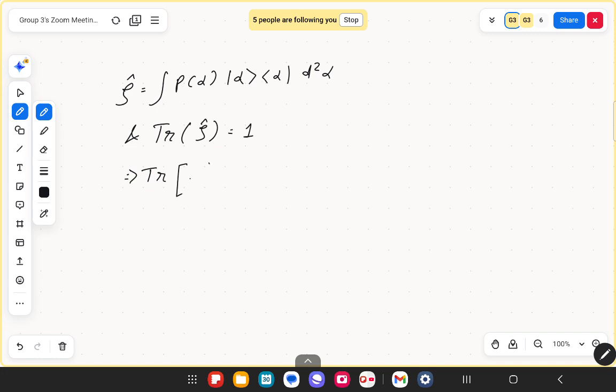The trace of rho, we'll just replace the rho which we have got.